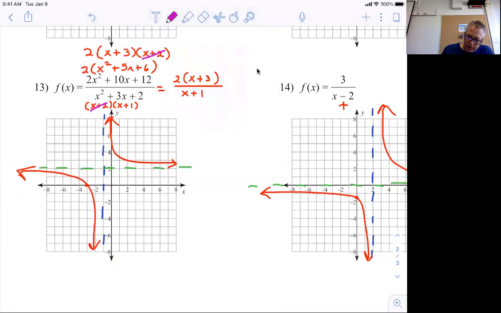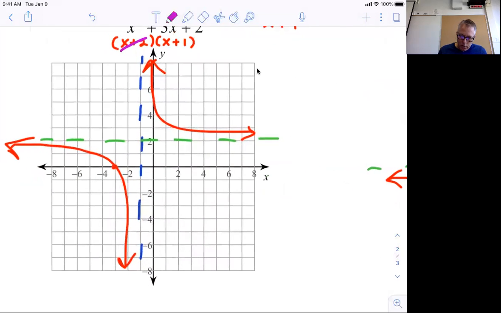Because don't forget our purple friend here that we canceled out. Because the x plus 2's cancel out, that means the graph has a hole where x is -2. So we look where x is -2, and we go down to the graph, and it has a little hole there where x is -2.